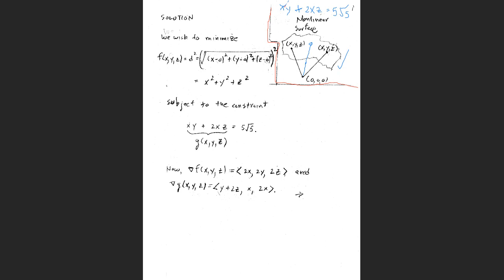But we're going to minimize the square of the distance, which is x squared plus y squared plus z squared, subject to this constraint. So I compute the gradient vectors for both f and g.